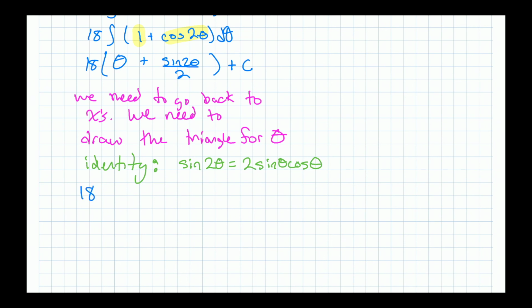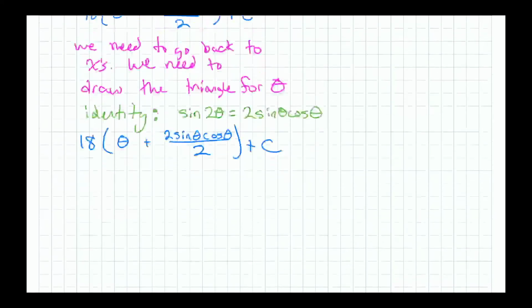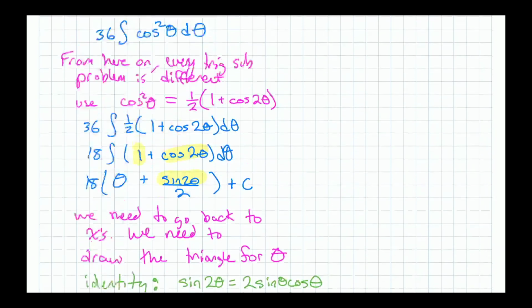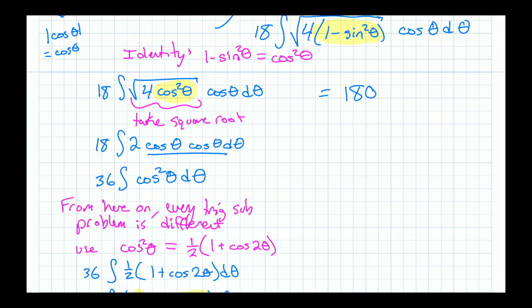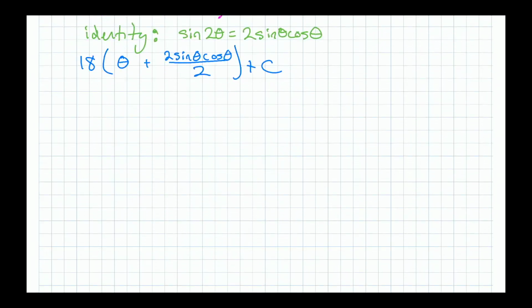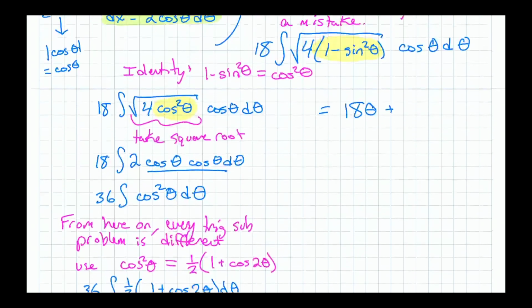We have 18 parentheses theta plus 2 sine theta cosine theta over 2, plus C. We can cancel these 2's, so it's 18 theta plus 18 sine theta cosine theta.